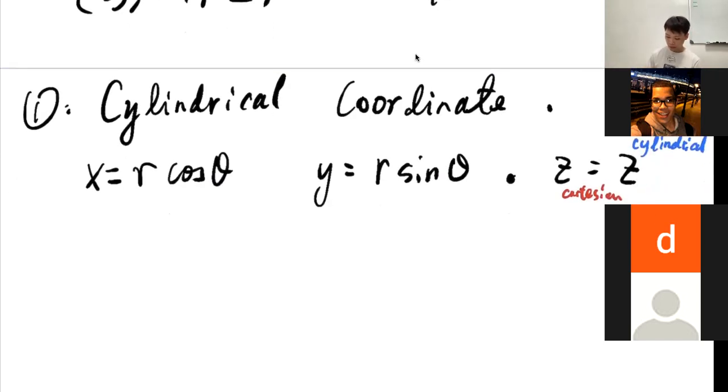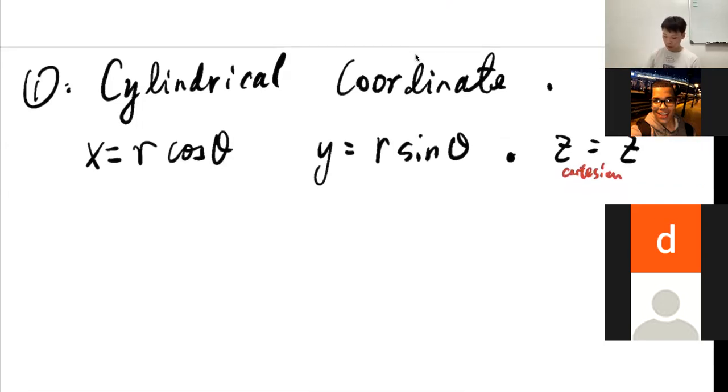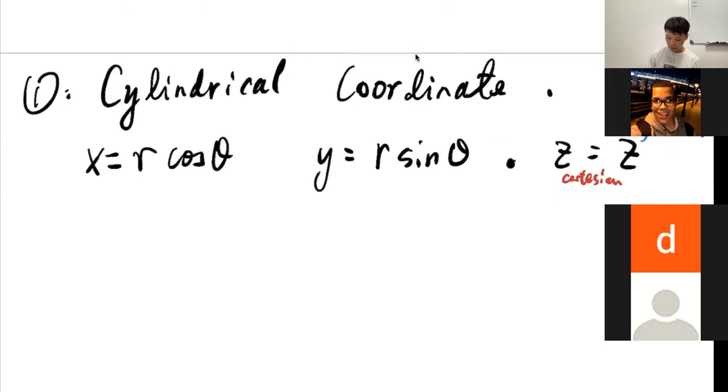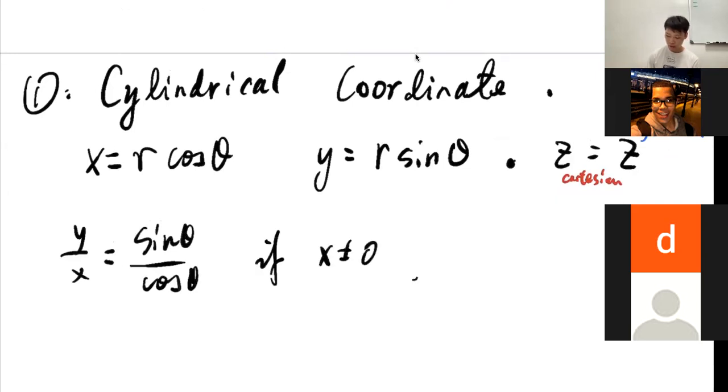How do we determine r and theta? You do similar things as in polar coordinates. Okay. So let's do it the other way. y over x equals sine theta over cosine theta, if your x is not equal to 0.